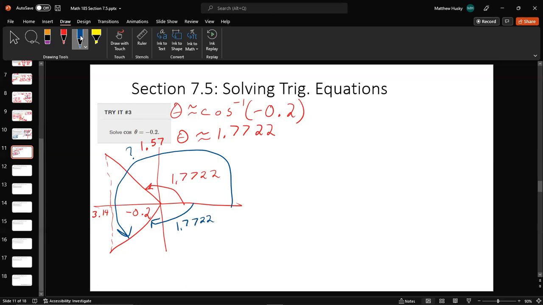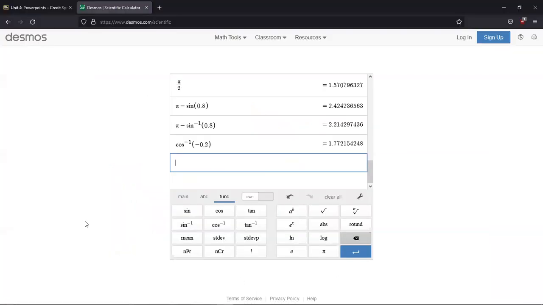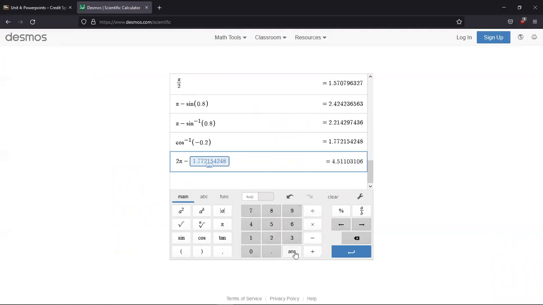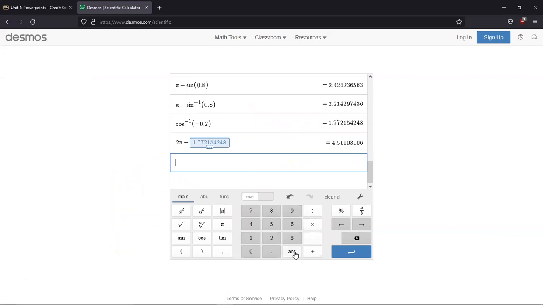So if I do a full turn minus that, if I do 2 pi minus 1.7722, that will give me this larger angle that's going to put me down in the third quadrant. So let's find out what 2 pi minus that value is. 2 pi minus the answer I just obtained. That is 4.5110.